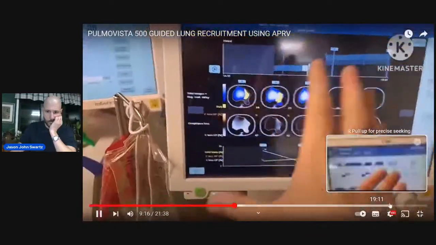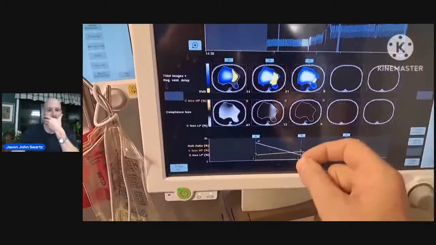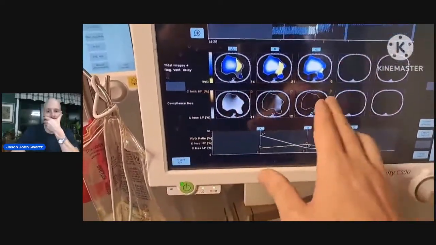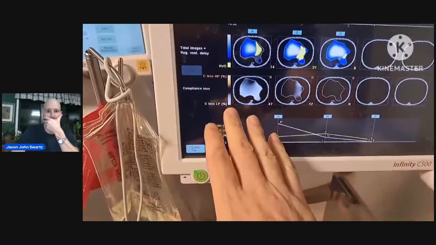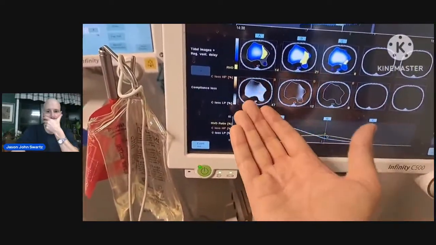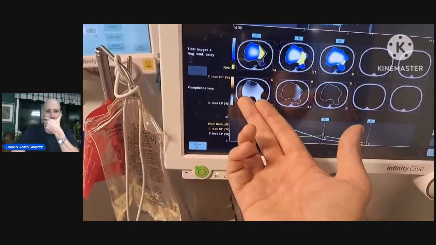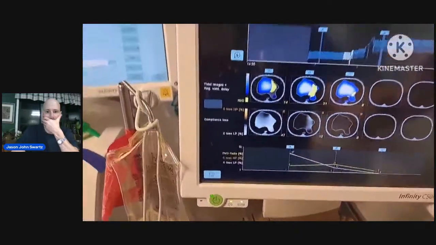This here is looking at lung compliance. If there was any over distension, it would start appearing in orange. There is 0 orange. In fact, all we have is better lung recruitment. There's an improvement in compliance. There's no atelectasis occurring here.